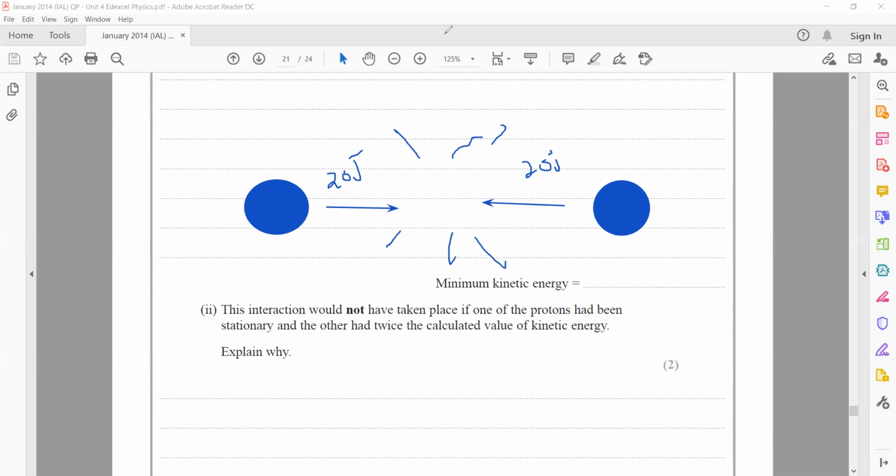But if I do the same process, where one of the protons is stationary and the other proton is moving with the same total energy, which is 40, same as the initial one.